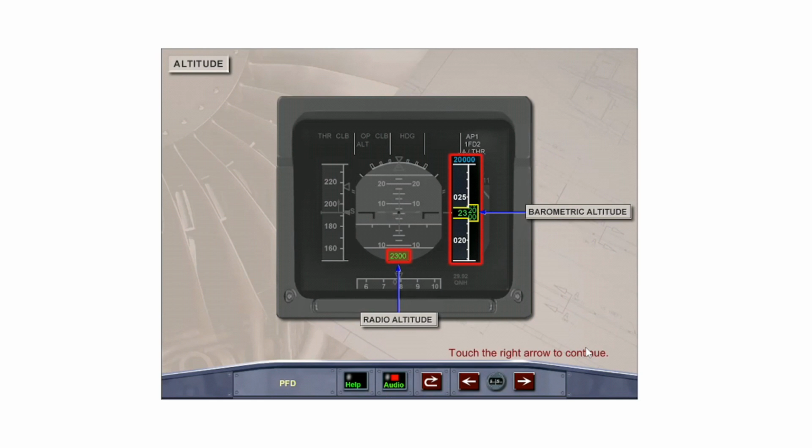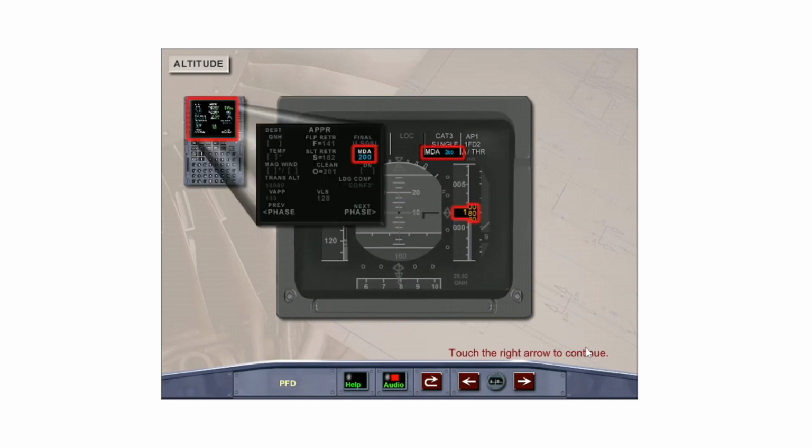The radio altitude is displayed below the attitude indicator when it is less than 2,500 feet. When an MDA has been entered into the Flight Management Guidance Computer for an approach, the altitude numbers will change from green to amber as the aircraft descends below the MDA.